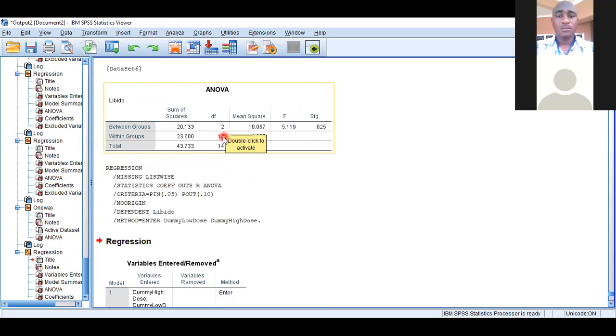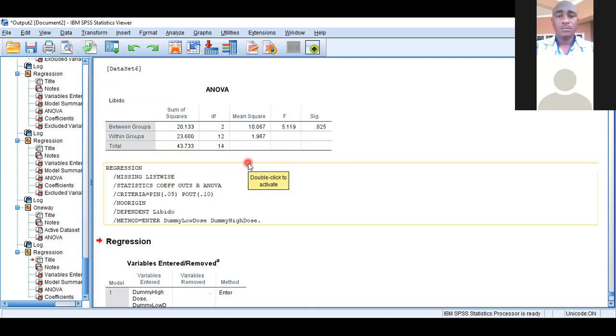Within group, the degree of freedom is 12, because there are 15 people, 5, 5, 5, in 3 groups. Each of them is 5 minus 1, so that's 4 times 3, 12. The total degree of freedom is 15 minus 1, 14. And when you add these 2 degrees of freedom, 2 plus 12, they still give you 14. Can you see? Yes, the total degree of freedom.